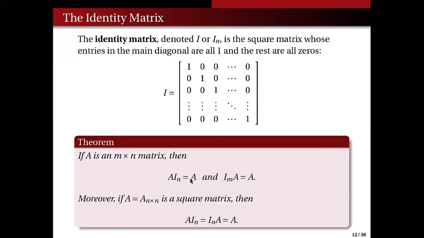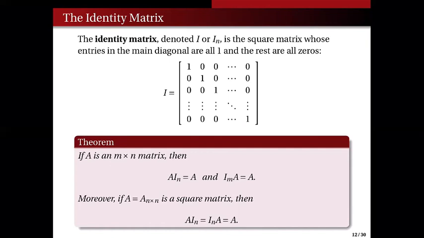Here I multiplied on the right a square matrix of size n, and on the left I multiplied a square matrix of size m. So these are different identity matrices if m and n are different.